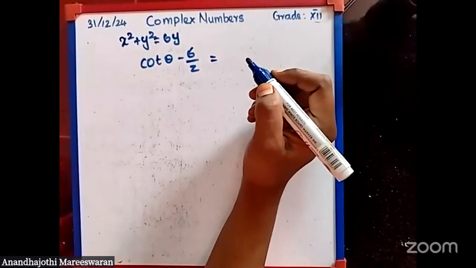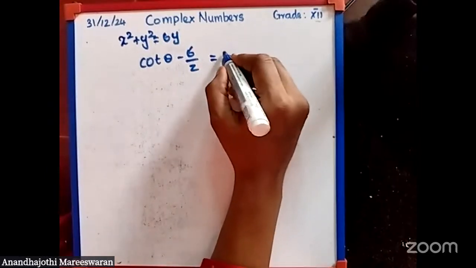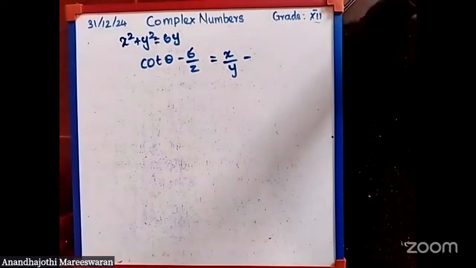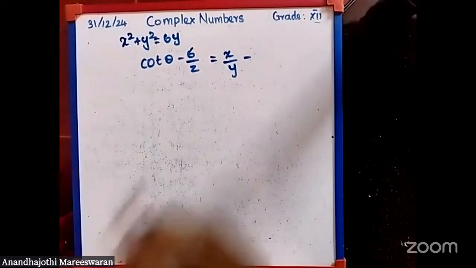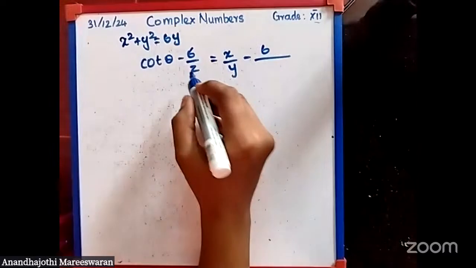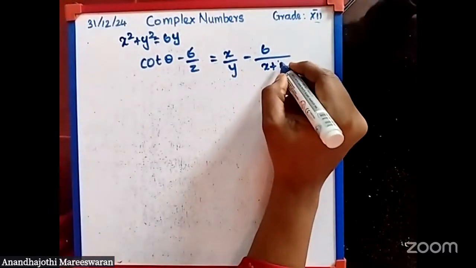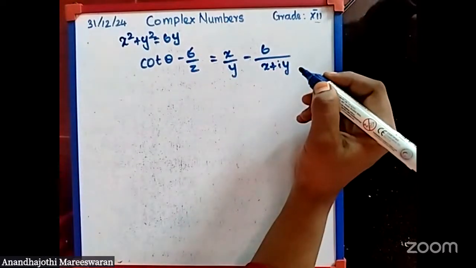We already found the value for cot theta. What is it? x minus y minus 6 divided by, what is the value of z? Yes, x plus iy, right?